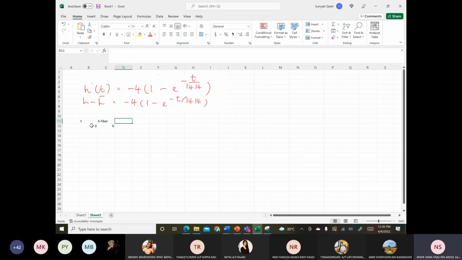And then this one is my h. So h equal to 14 plus this one. Alright, so I put 5, and 10, 15, 20.